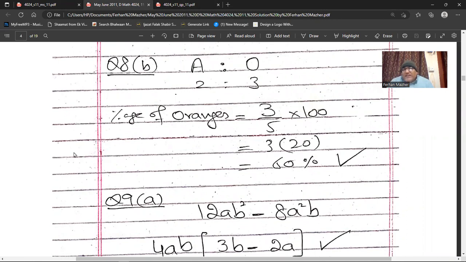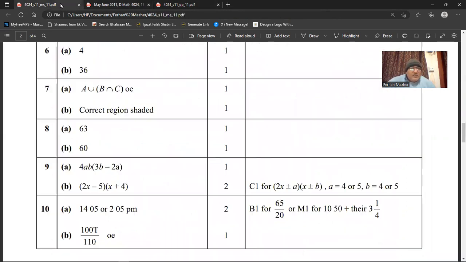If you want to represent the percentage of oranges, oranges are 3 out of 5 fruits. So out of 100, how many will they be? 3/5 multiplied by 100. So that will be 3 into 20, and that will be 60%. 60% is the answer.